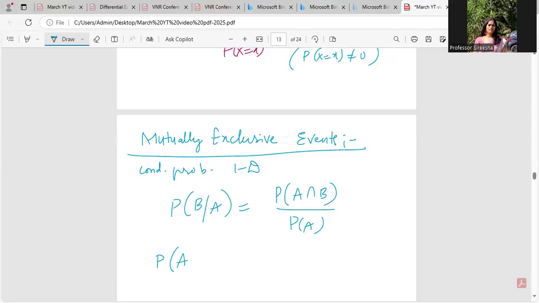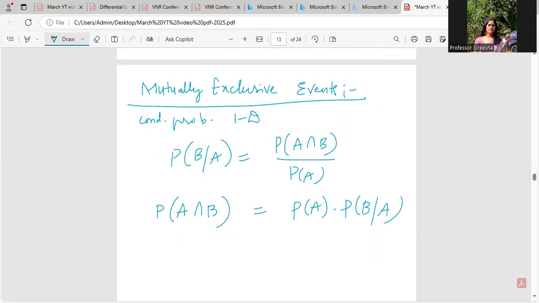Or I'll rewrite it like this. A intersection B means I want A and B both to happen. That would be P of A into P of B given A. See, if I'm picking up two cards from my pack of cards, one after the other, without replacement, then they will be dependent events.